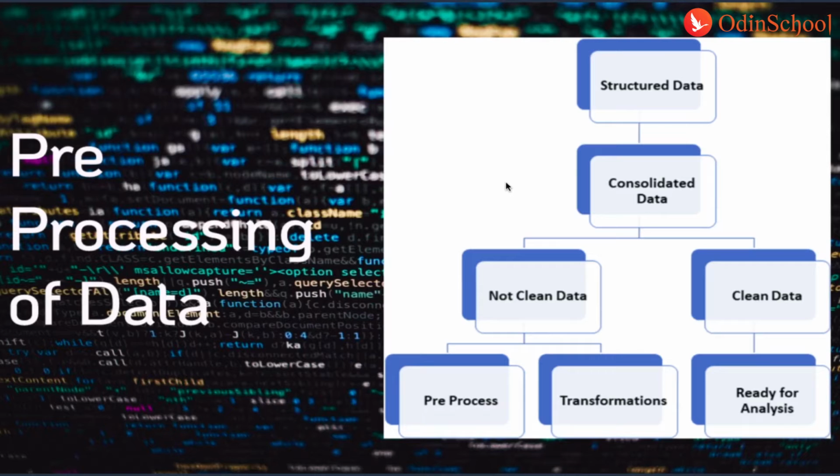For that, we have different tests and different parameters to understand whether your data needs pre-processing or not. Not only do we do pre-processing, but also a couple of transformations if required. We are going to talk about these pre-processing steps very soon in this course.